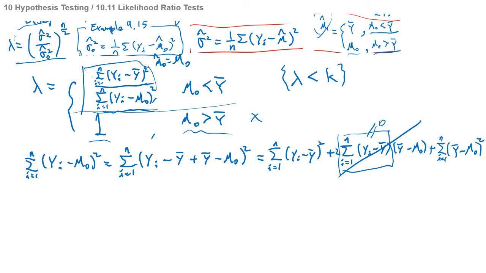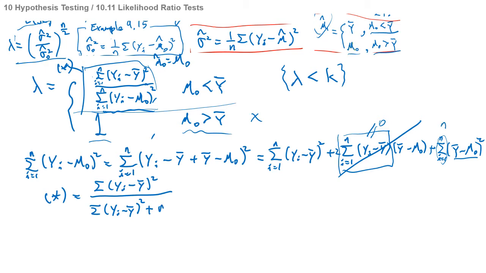So this part is the sum of yi minus y bar squared, and this part can be the sum of yi minus y bar squared plus, actually here this is all constant, and so summing i equals 1 to n, actually this is n, so this is n times y bar minus mu 0 squared.